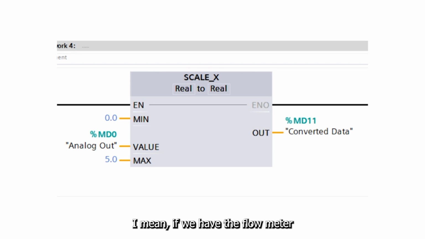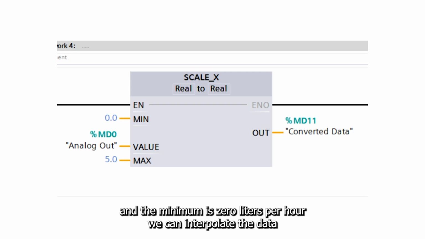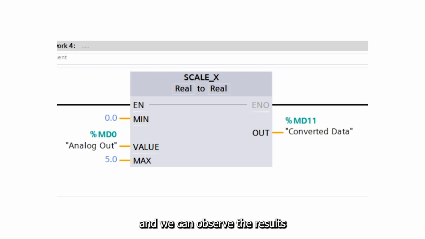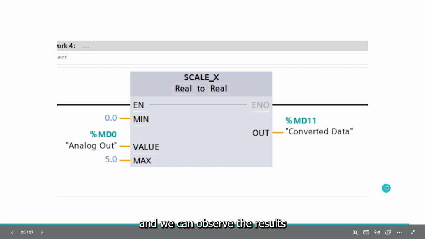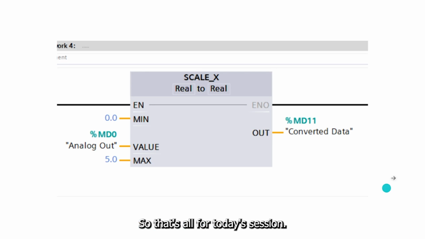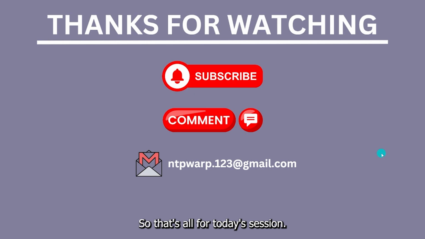If we have a flow transmitter with a maximum input of 5 liters per hour and a minimum of 0 liters per hour, we can interpolate the data and observe the results the same as the digital input.